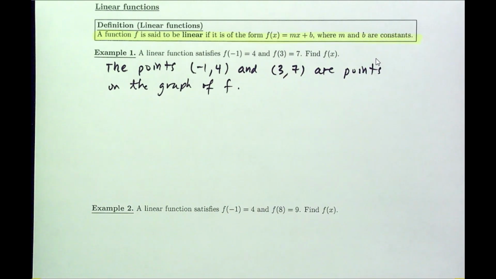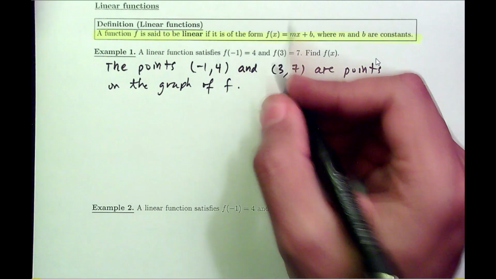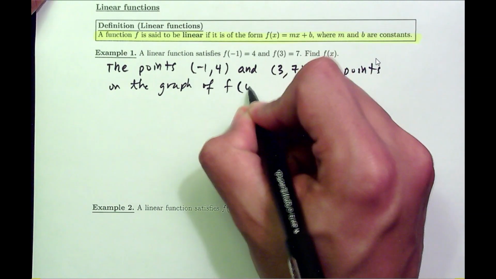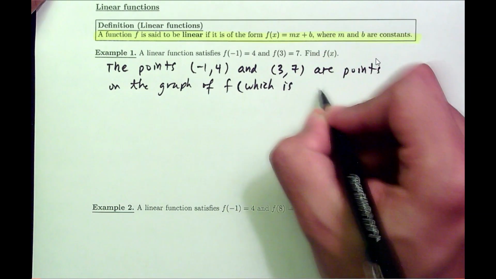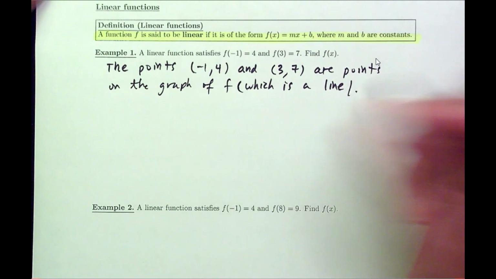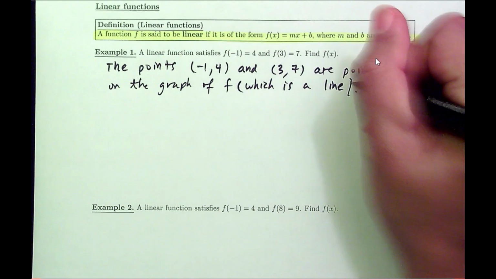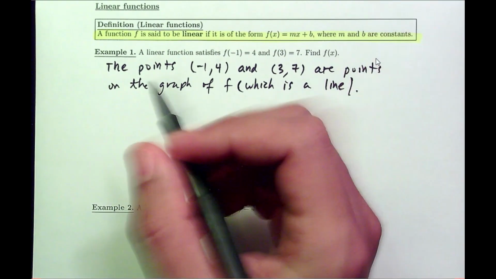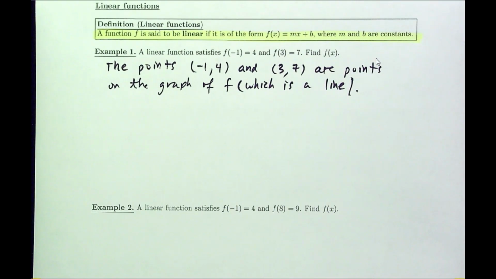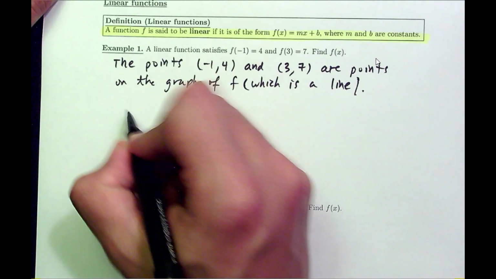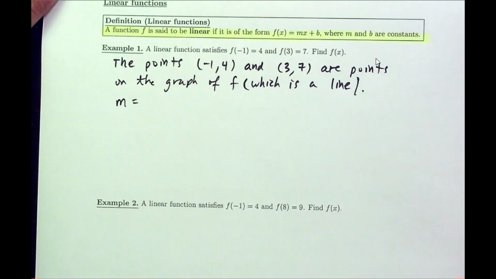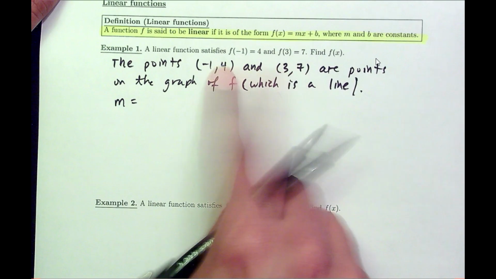And what we're going to do is find the equation of this line, as we already learned how to do. We're going to use the formula for finding the equation of a line. First of all, we need the slope, so find the slope of the line that passes through these 2 points.